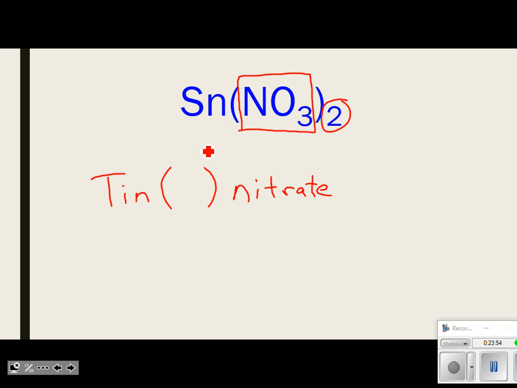So if it's -1, what's my negative charge? -2, right? If I have 2 of them and nitrate's -1, it's -2. So what must my charge for tin be? Must be 2, right? So I'm going to put Roman numeral 2 there.